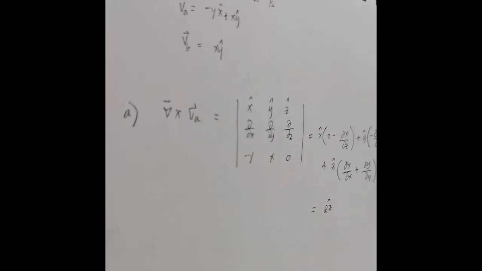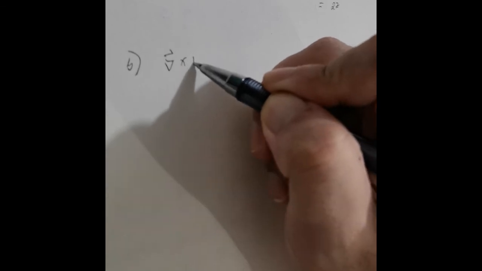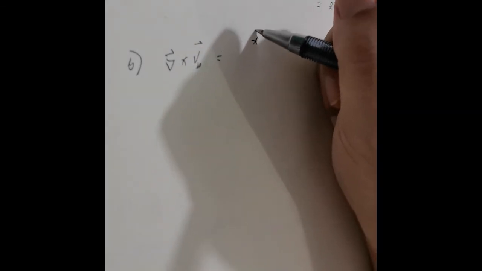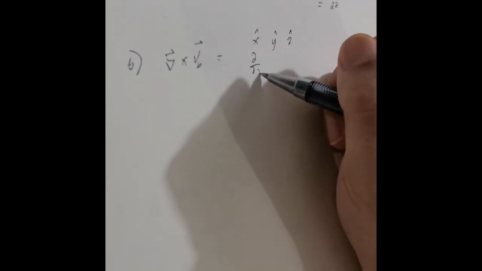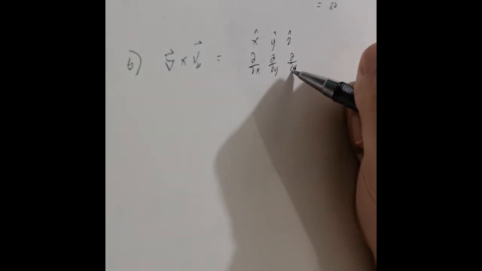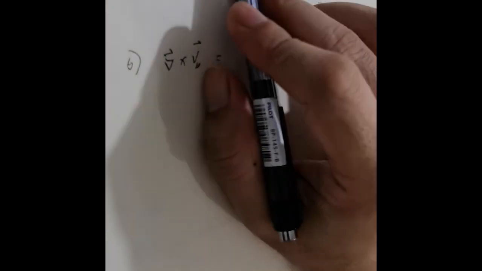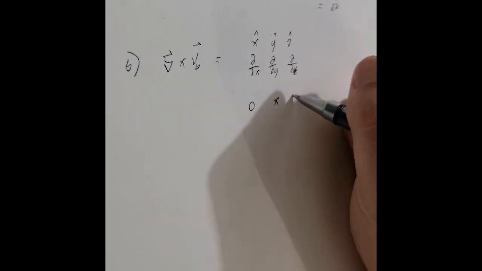How about for letter B? We do the same thing. We have del cross VB. Then we have x hat, partial x, partial y, partial z. Then we have 0 for the x component, x for the y component, and 0 for the z.